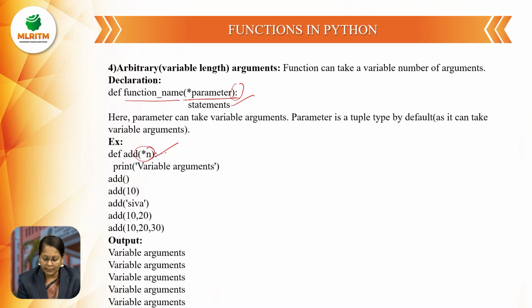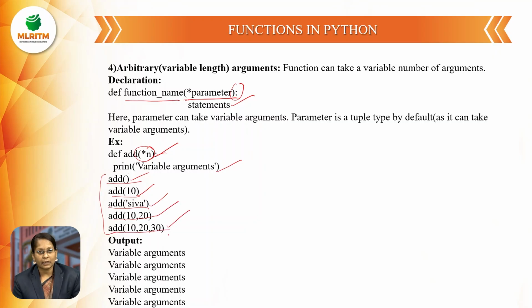So in place of n, we can pass any number of values, print variable arguments. These are all calling functions. This is one calling function of add with no elements, 0 elements. Add with one element, one argument. Add with a string argument. Add with 10, 22 values, add with 3 values.